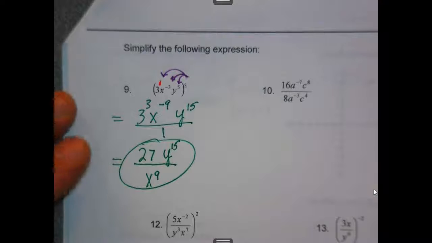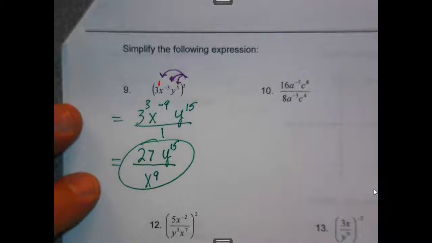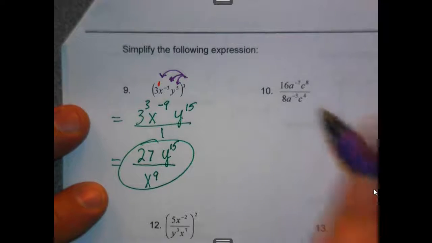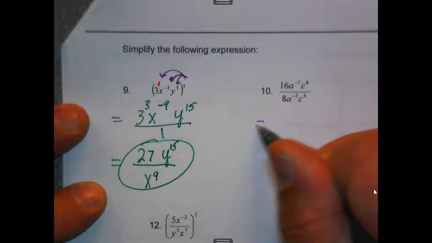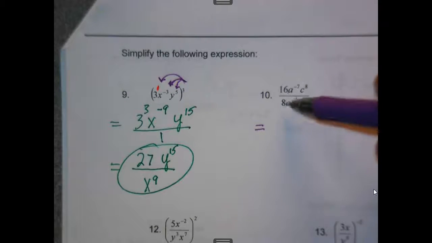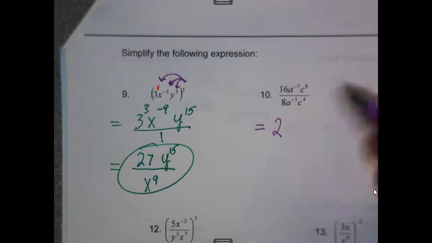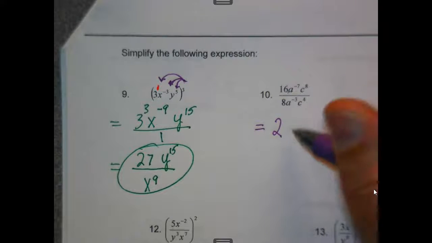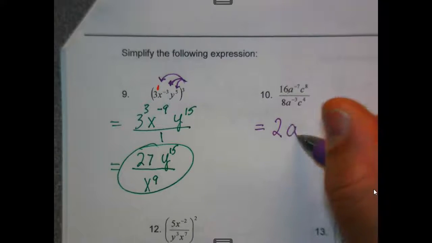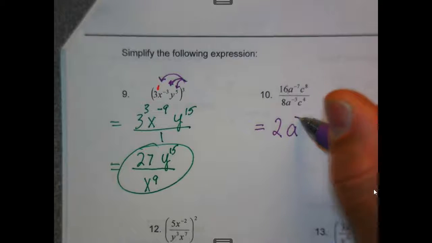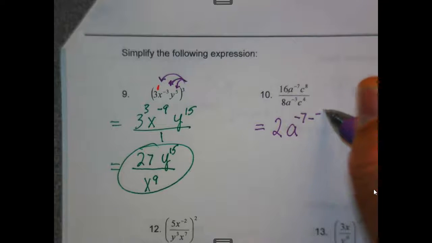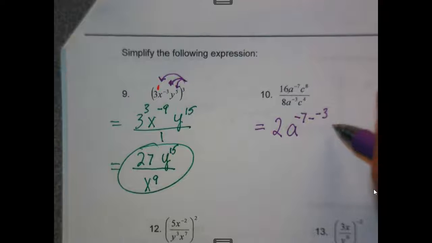Okay. Number 10. Let's see, what's 16 divided by 8? 2. It's division, so what do I do with the exponents? So I have negative 7 minus negative 3, c to the 8 minus 4.